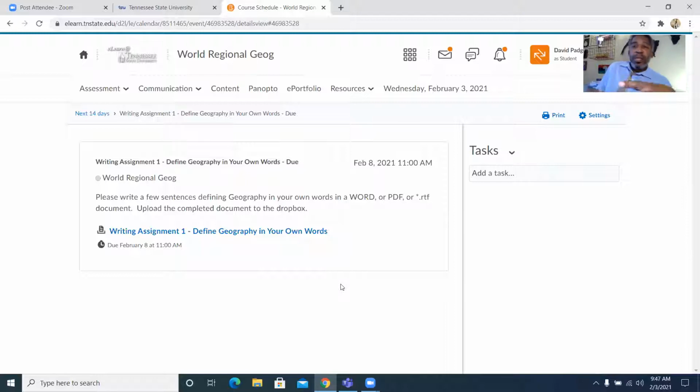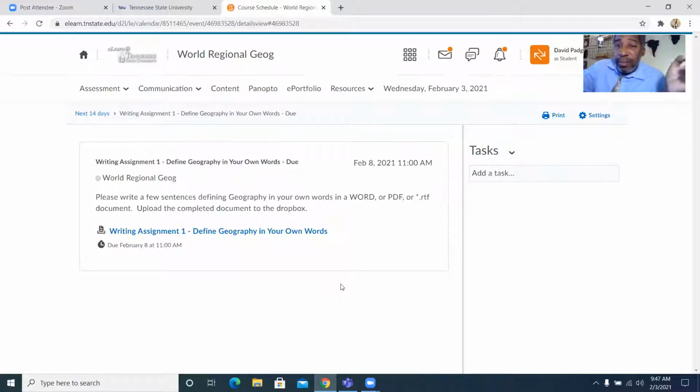What I don't want is a dictionary definition of geography. So do not Google geography and then give me some dictionary definition of geography. That's not what I want. I want whatever you think geography is. Even if you've never had a geography class, you've obviously thought about it a little bit because you're in this class. Okay, what did you think you were going to learn when you enrolled in this class?